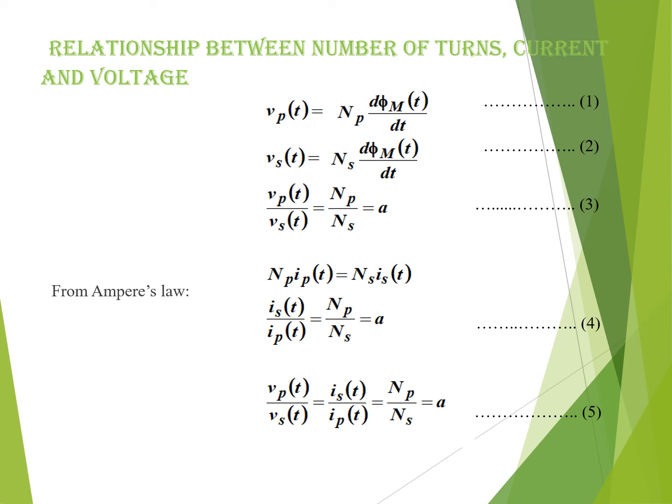And from Ampere's law, we can write the equation Np Ip is equal to Ns Is.